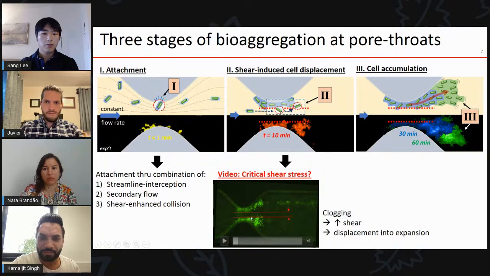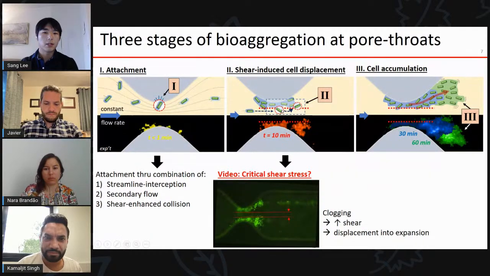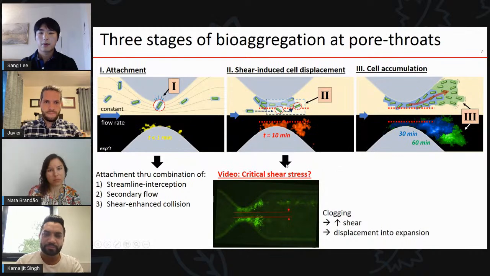And we suspected that once the cells cross this boundary and attach within the inner side of the channel, beyond this boundary, they're exposed to a shear stress that is critical, at which the cells are mobilized, which causes the cells to be pushed downstream.